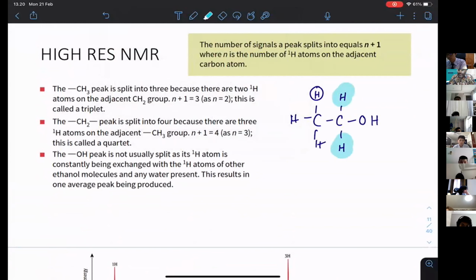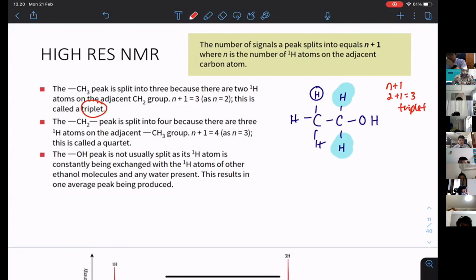You have two. Because you have two neighbors, remember you need to bring one more, n plus 1. So 2 plus 1 gives you 3. The splitting pattern is called a triplet, which is 3.